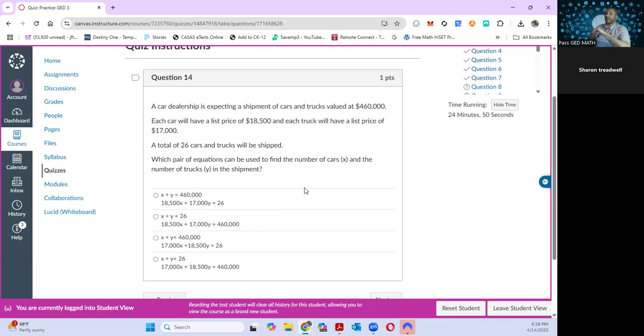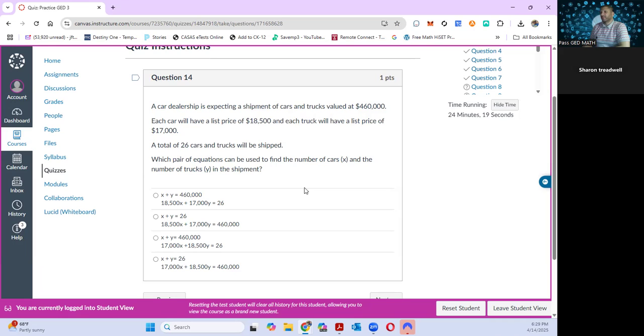Each car will have a list price of 18,500. Each truck will have a list of 17,000. A total of 26 cars and trucks will be shipped. Which pair of equations can be used to find the number of cars X and the number of trucks Y in this shipment?